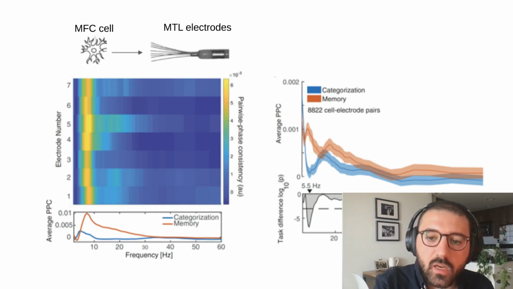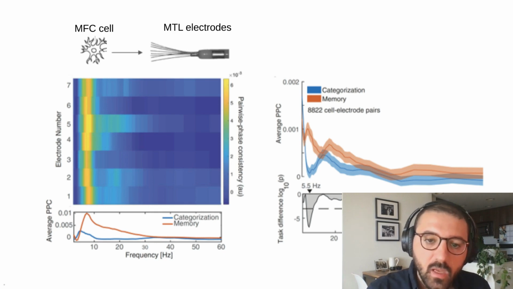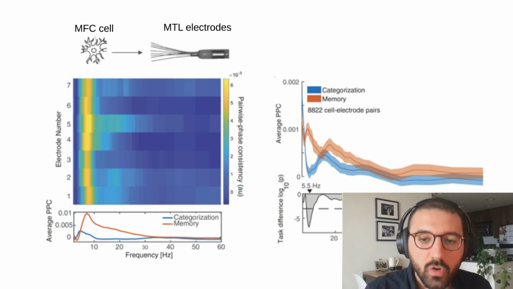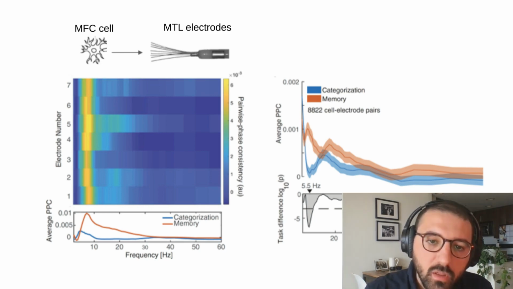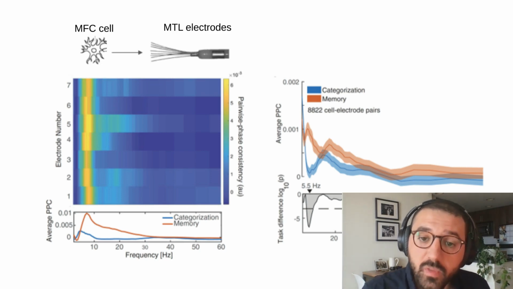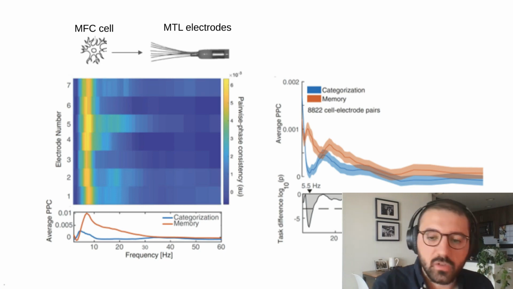What is not shown here, but is available in the published manuscript, is that not only is this effect theta specific, but it's also cell type specific, meaning cells that represent choice specifically during the memory task have a much stronger coherence with oscillations in the medial temporal lobe than those cells that encode choice specifically during the categorization task.